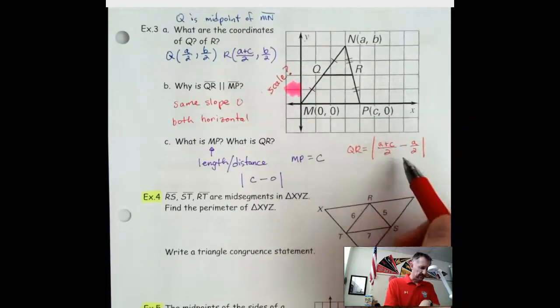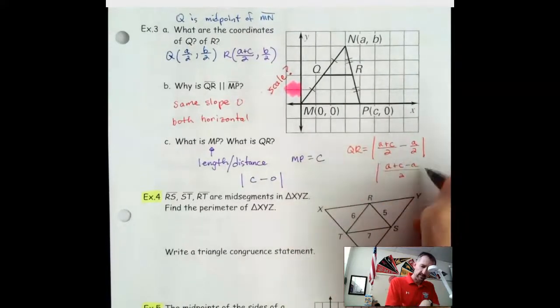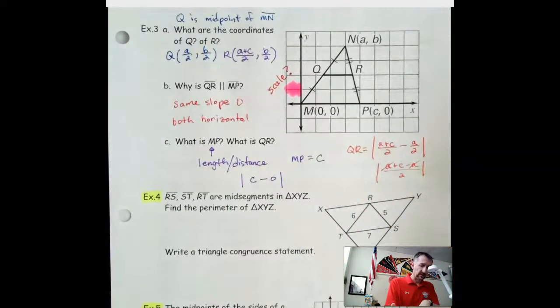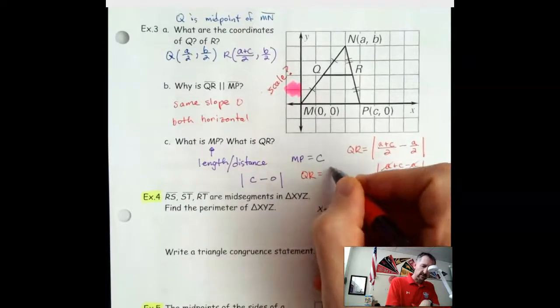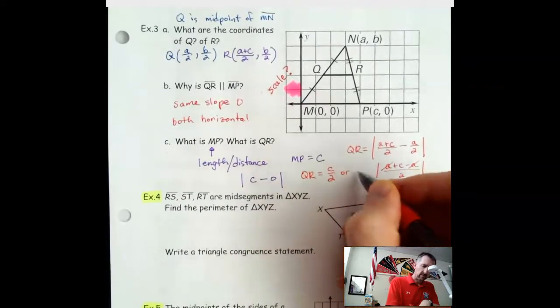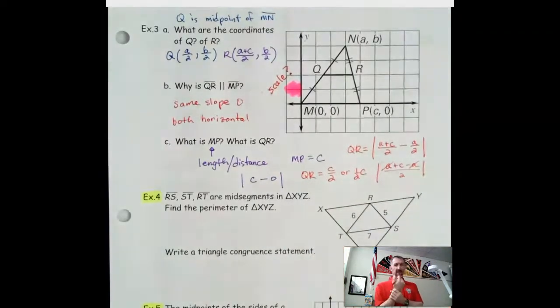So they have a common denominator. So that would give us a plus c minus a over 2. We can put it all together, and the a's would cancel out. And we would just get c over 2. So QR is c over 2, or 1/2 c. So again, it's just kind of verifying the mid-segment theorem, showing us what's going on there.